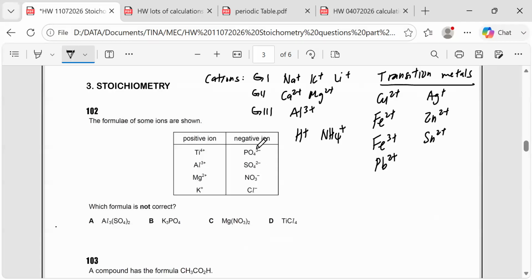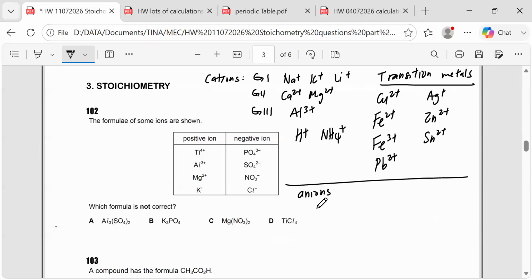Group 1, Group 2, Group 3, you can see from the periodic table. Transition metals, you have to memorize. I've told you all so many times already. Please memorize these because we're going to use these for the next chapter. So these are all cations. Anions are negative ions.